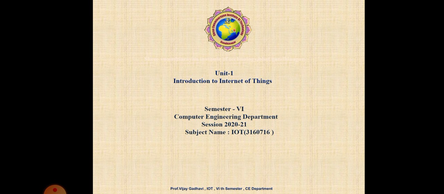In unit number 1, we learn Introduction to Internet of Things, in which we cover application areas of IoT, basic characteristics of IoT, things in IoT, then IoT stack, enabling technologies, IoT challenges, IoT levels, IoT and cyber physical systems, then IoT and WSN.